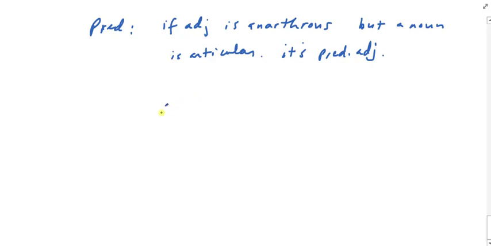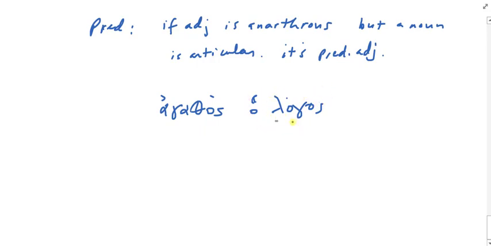If I have something like ho logos agathos. Okay, is my noun articular? Yes. Now, I might say, okay, and here's an adjective, and the adjective agrees with the noun in case, number, and gender, doesn't it? That must be an attributive adjective, right? And the answer is no. Not necessarily, right?